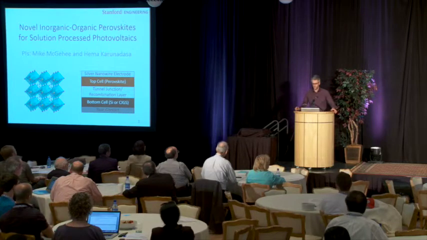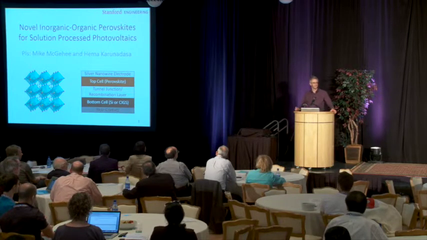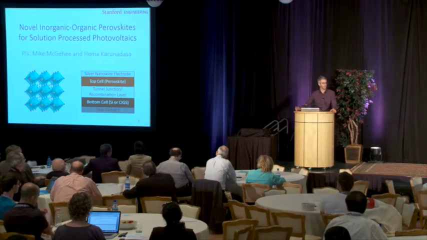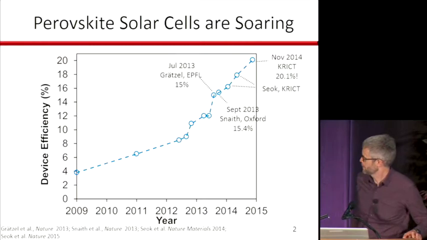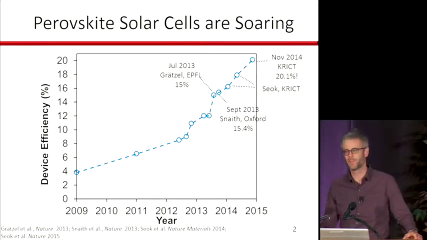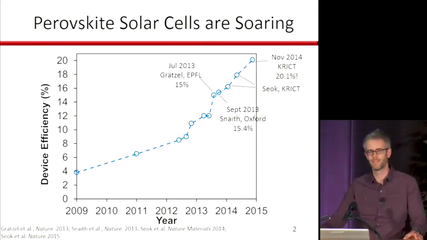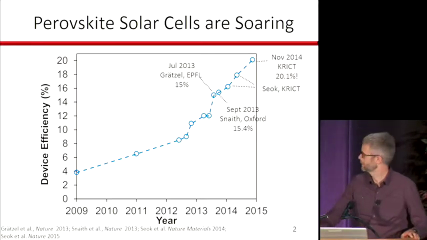Okay, good afternoon, everyone. First of all, I want to thank GCEP for giving us this opportunity to work on perovskites. You can see that a few years ago there were only 2 papers on perovskite solar cells. And when the third one came out, I got really excited about this. With the GCEP funding, Hema Karunadasa and I and our groups were able to get started right away.